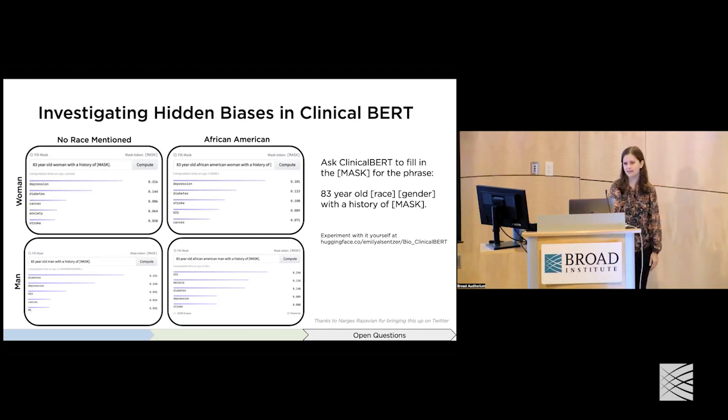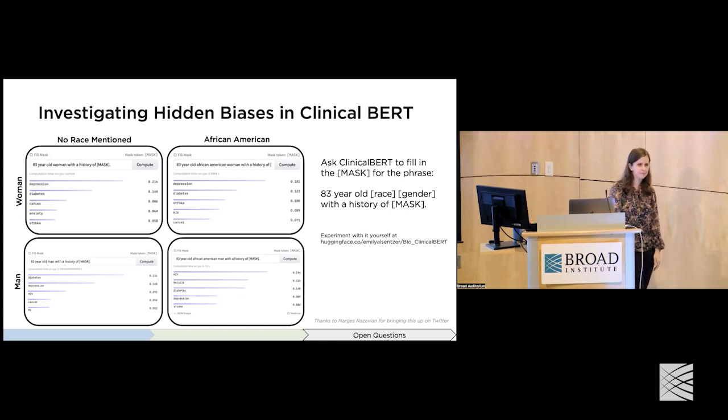However, I asked clinical BERT to fill in the mask for this phrase, "83-year-old, insert race, insert gender with a history of mask." And you find that clinical BERT will output very different things for that mask, depending on whether the patient is a man or a woman, or whether the text indicates that they're African American or not.